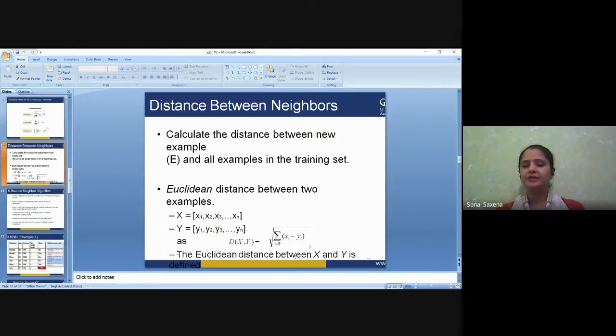So the Euclidean distance between x and y, dxy, is defined as the summation of xi minus yi, squared. This is the Euclidean distance I can take from a particular object to the next object. Remember that x is the first coordinate of the element, and y is the coordinate from which we are making the distances.